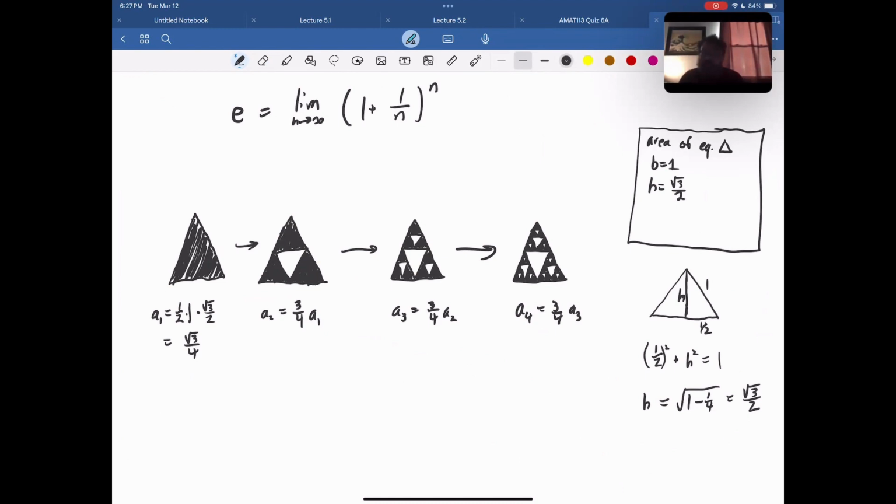Right. And so if we look at the trajectory of that, we notice that we have a sequence here. It's a geometric sequence. And in general, we have that a sub n is going to be root 3 over 4 times 3/4 to the n minus 1.